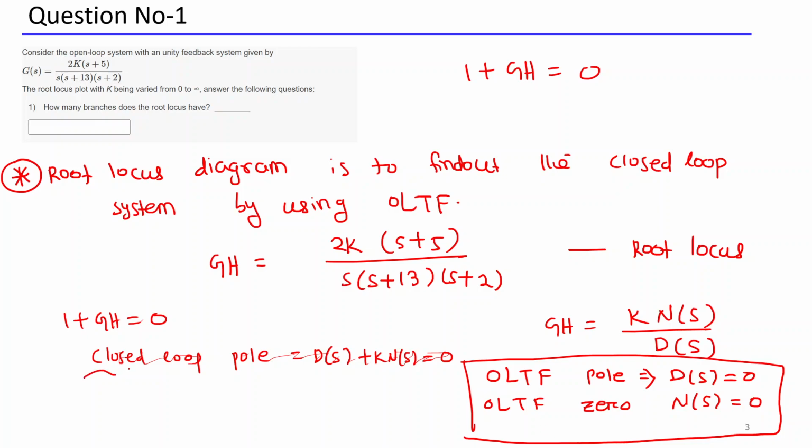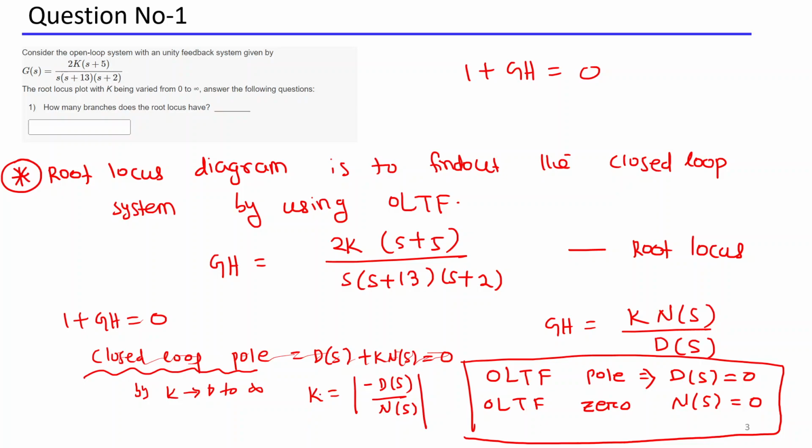But I want to vary my closed loop poles by varying K from 0 to infinity to find the root locus. The definition said that you have to vary your K from 0 to infinity. And first you find K here. What is the value of K? K equals minus D(s) divided by N(s), right?